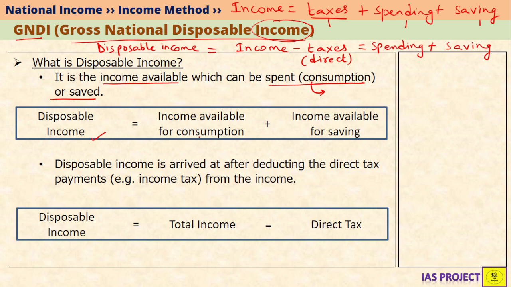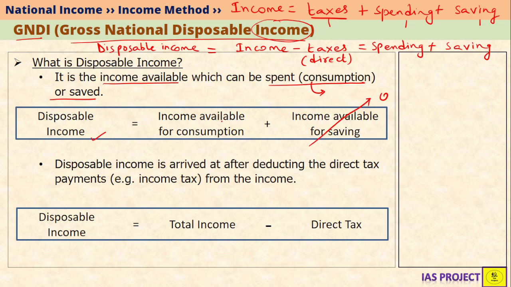Now let's imagine a case. For example, the employee is very poor. Will he be able to save anything? Almost no. Let's assume that his income available for saving is zero. Then disposable income for that person is nothing but income available for consumption. So we can write a new definition for disposable income like this: disposable income is the maximum available income for consumption.